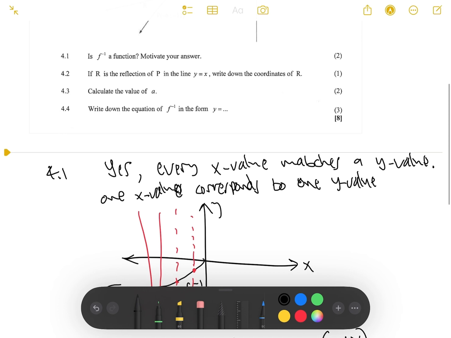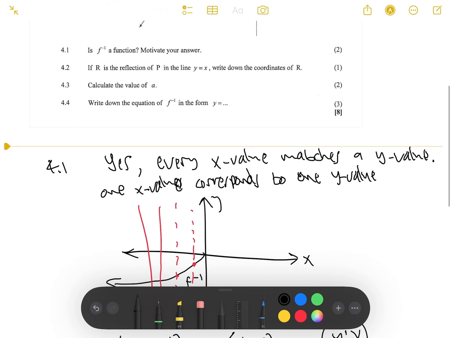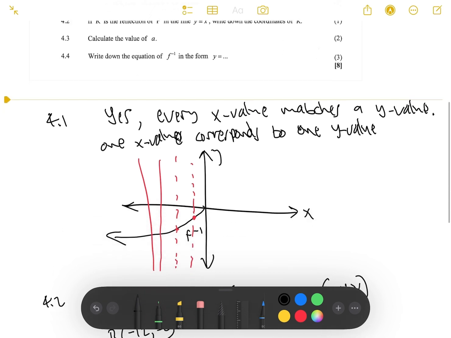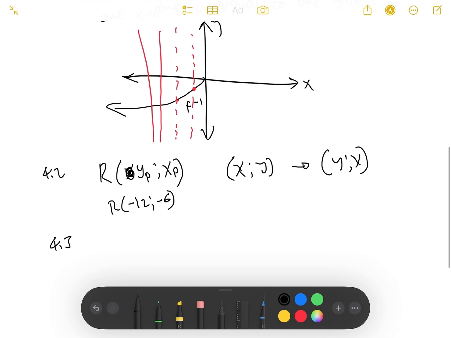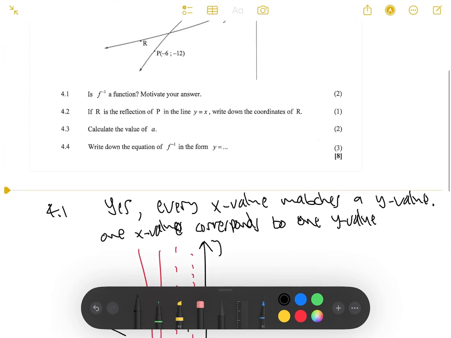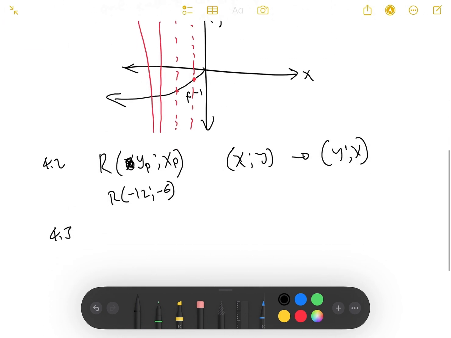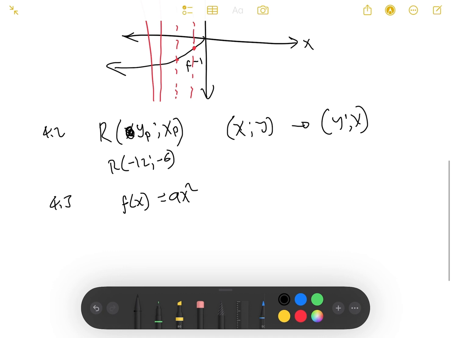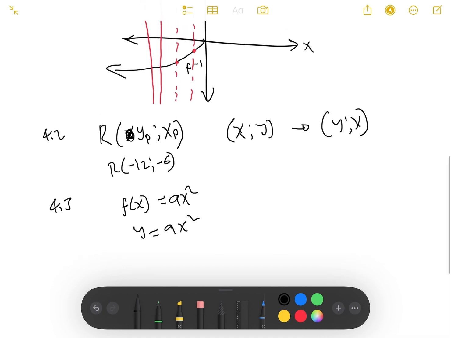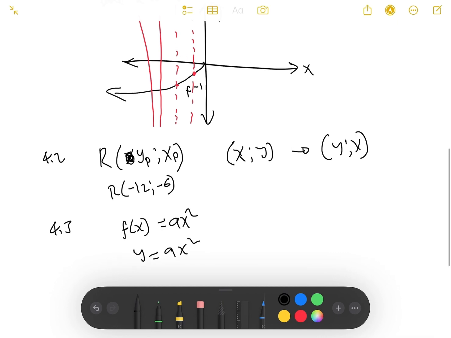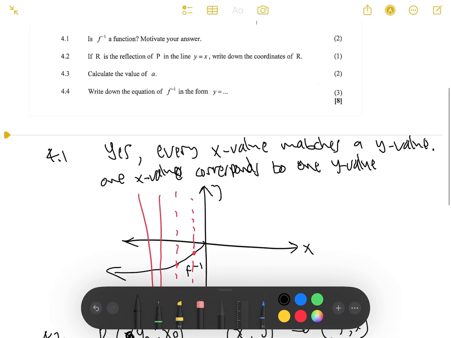Then 4.3, they say calculate the value of a. For us to calculate the value of a, we are already given the function f of x equals a x squared, which is y equals a x squared. We substitute the values of x and y, since we're already given those.